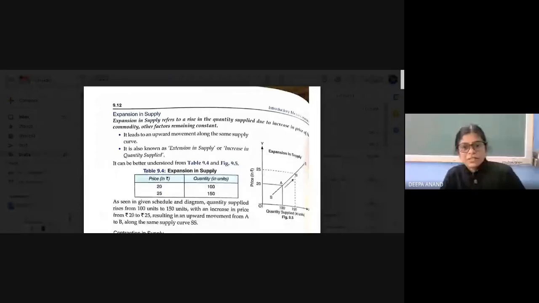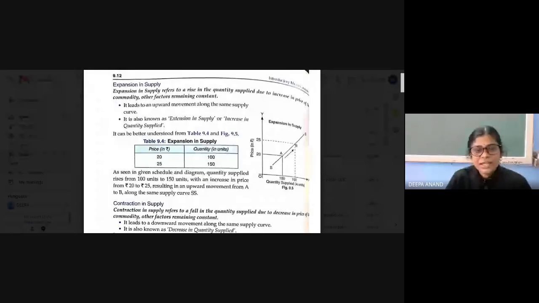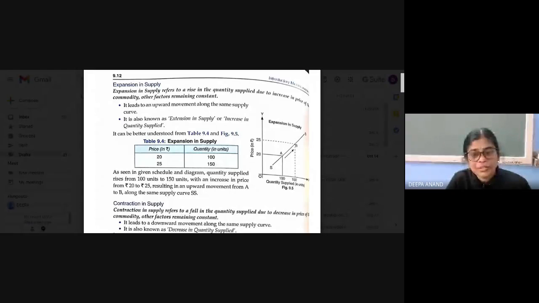Yes, ma'am. See, look at it. If the question is expansion in supply, I think it is clear to you, right? I think it is clearer because I have converted the page into PDF. I was feeling it was not clear to you earlier. Is it more clear? Yes, ma'am.